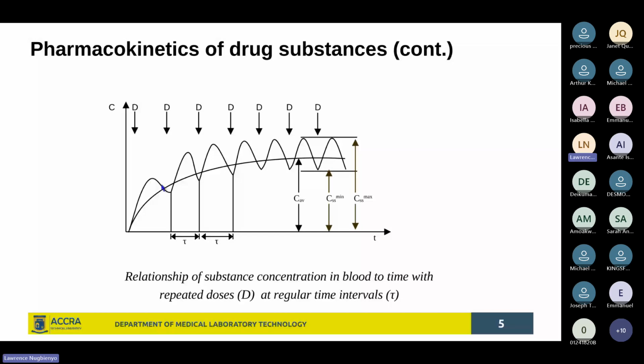Then it reaches a point that a second dose is taken. You have these arrows at the top showing times of doses. The first dose is taken at this time, then the second dose, the second D at the top. When it's taken at that time, the concentration increases again. And just when it begins to come down because of biotransformation, the next dose is taken, and the concentration increases again.